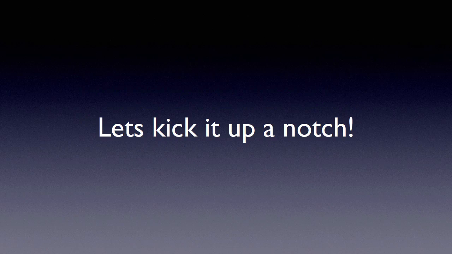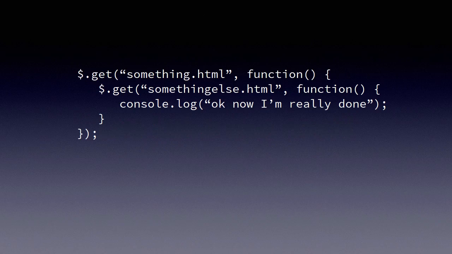All right, well, what happens if we want to make things a little bit more complex? Imagine we have two different AJAX requests we want to fire, one to one particular HTML file and one to another. Well, one way of doing it would be to call the first one and then in the callback say, hey, now I want you to call the second one. And finally, in that callback function, when you're done, I know we're totally done.